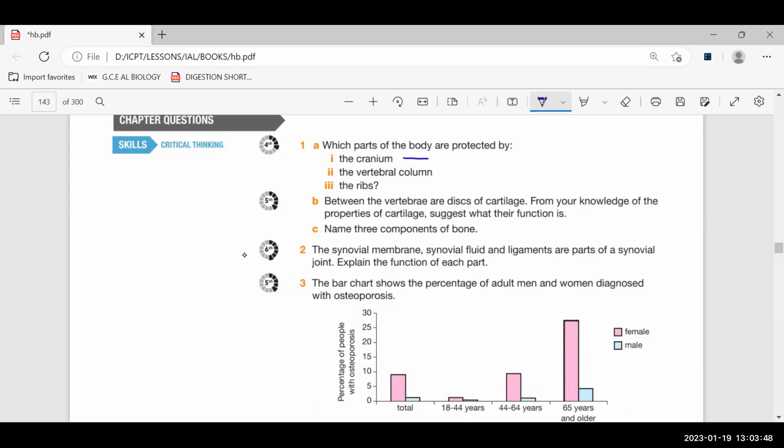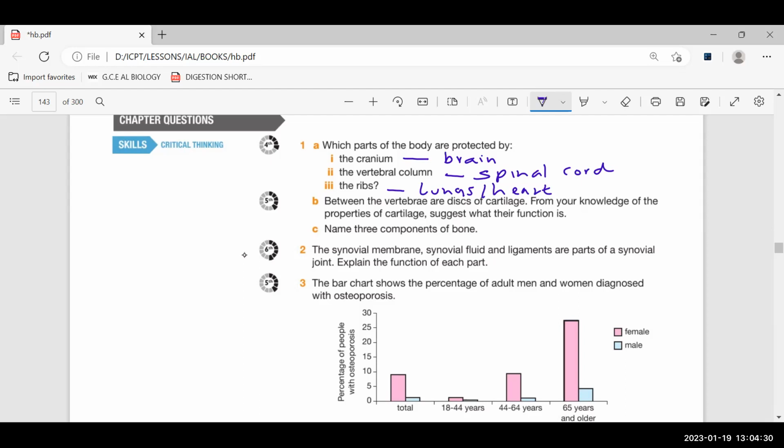For example, the cranium protects the brain. The brain is covered with the skull and protected. The vertebral column protects the spinal cord. The ribs protect the lungs and the heart. So another function of the bone, in addition to locomotion or movement, is that it also covers the soft and very sensitive organs of the body.